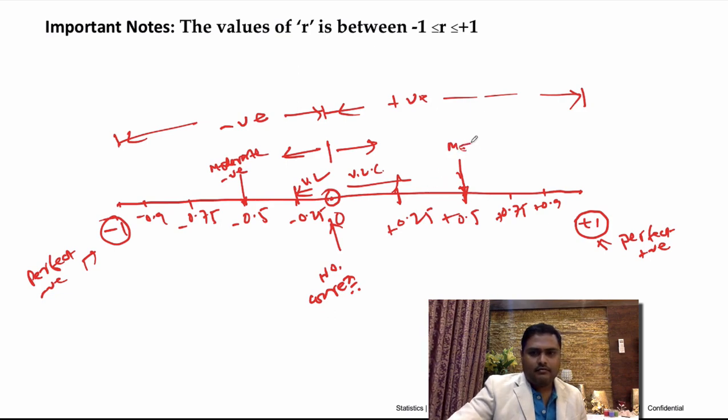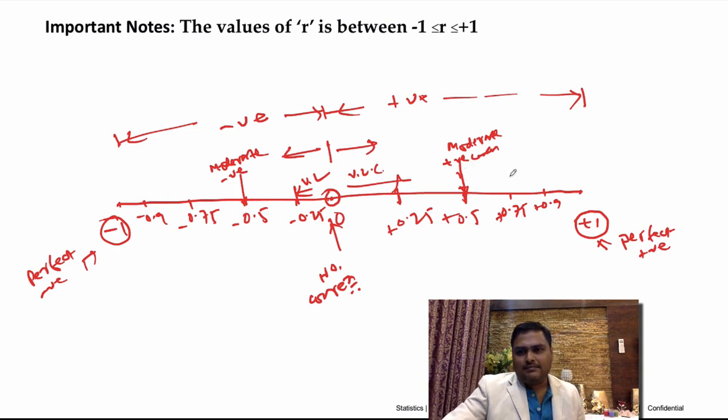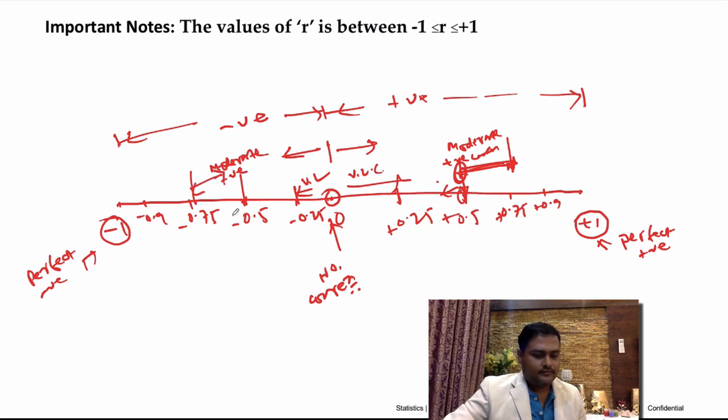Now basically this happens for minus 0.5 to 0.75; I say it is moderate, or if it is less than 0.5 I will say very low coefficient, right? Like this only. Is it clear?